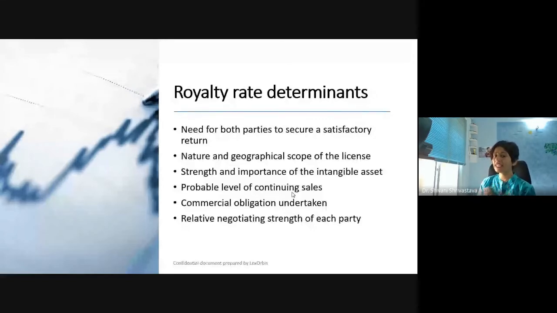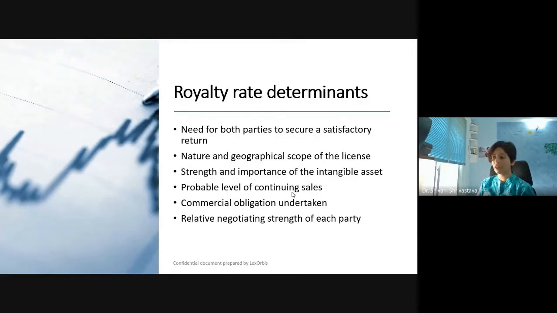Then it also depends on the strength and importance of the intangible asset. When we are talking about intangible assets, intellectual property rights are considered intangible assets. So how important or how strong my intellectual property is will also help to finalize the royalty rate.